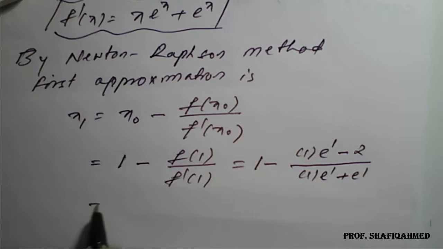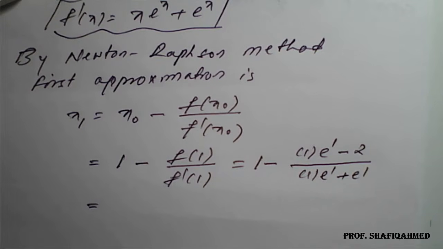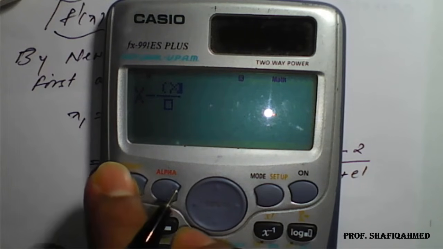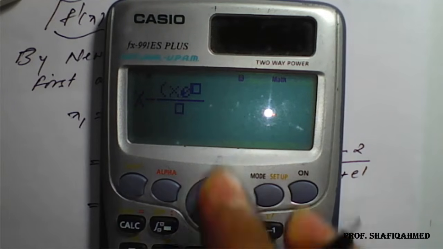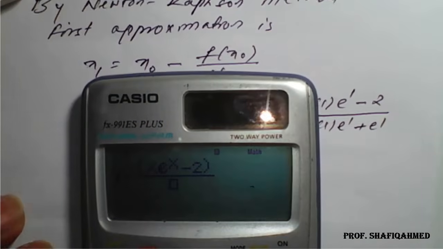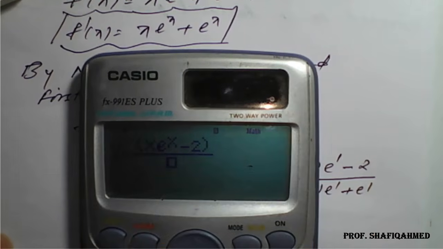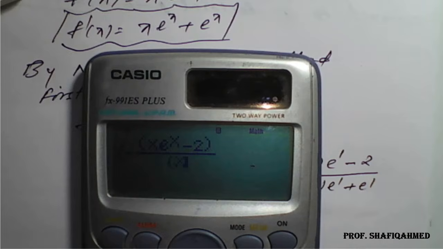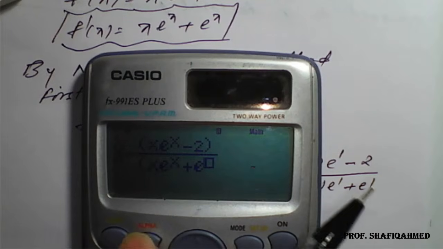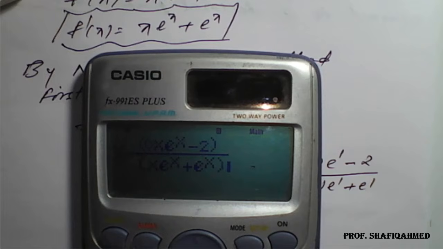Better I will type this formula in the calculator so that it will be easy. The formula: alpha x minus, division, then bracket, alpha x into shift ln, you get e raised to box, in the box alpha x, cursor button, minus 2, close the bracket, divided by f dash of x, that is x e raised to x plus e raised to x, with brackets.